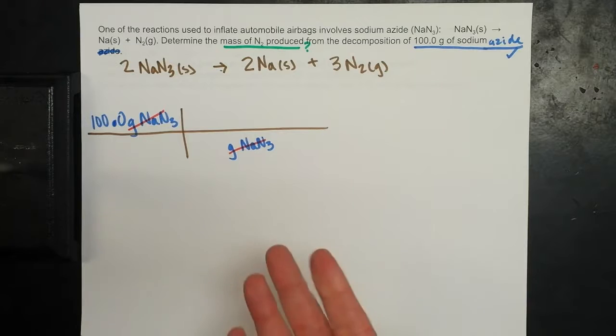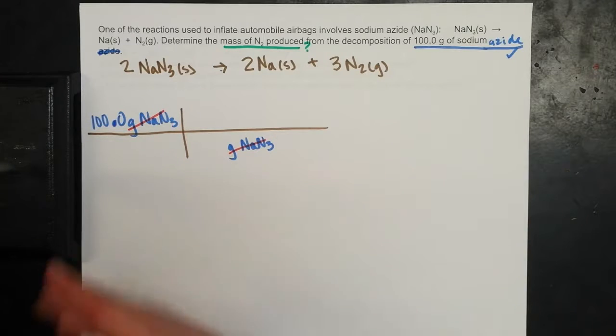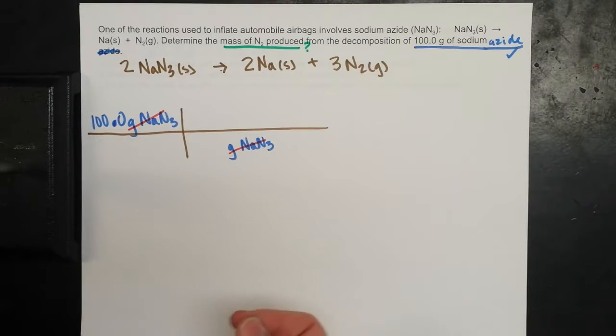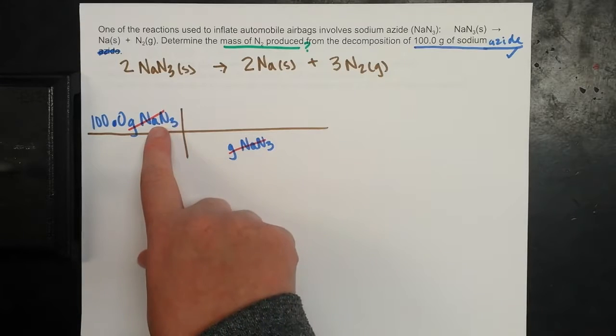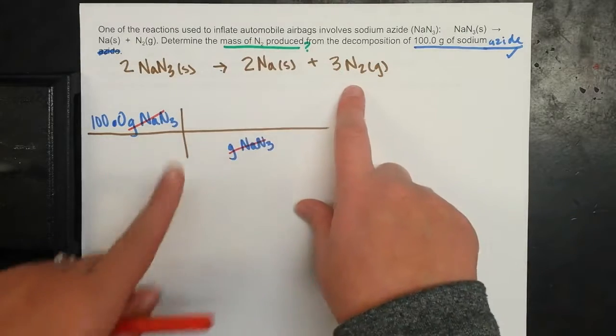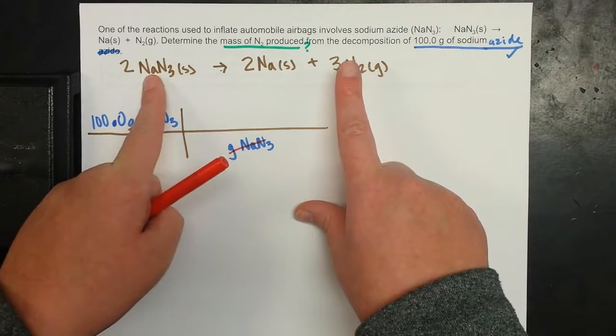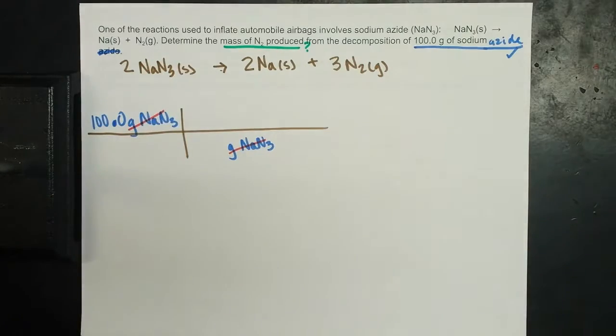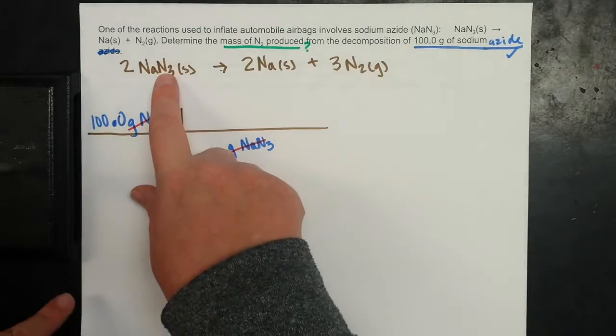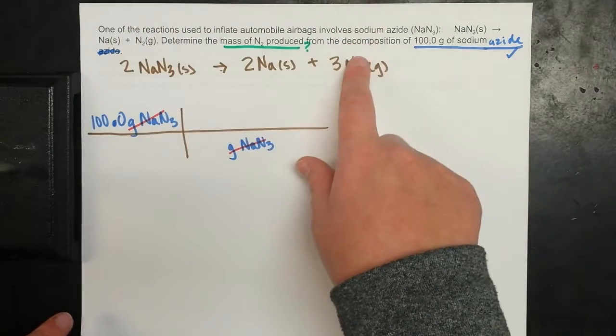Now, in the previous problem, and actually in a few problems where we've dealt with mass, I've mentioned that the only thing you can get to directly from grams is moles of the same substance. But if you'd like to have a couple different tricks in your toolbox, my big thing is I know that if I'm talking about sodium azide, but I'm asked to find something for nitrogen, the only way I can get from A to B is to use a mole ratio, which means I have to know the moles of this substance, then do my mole ratio to find the moles of that one.